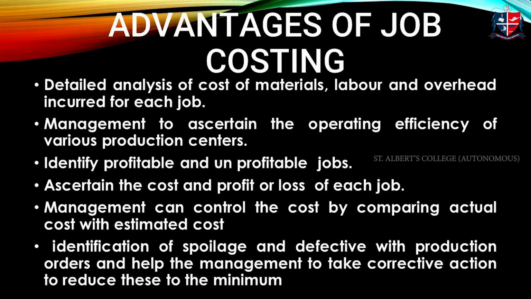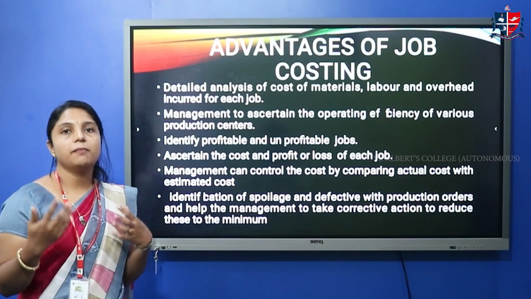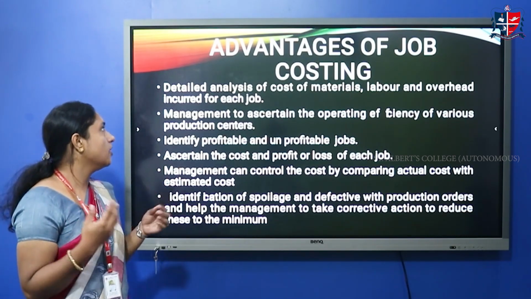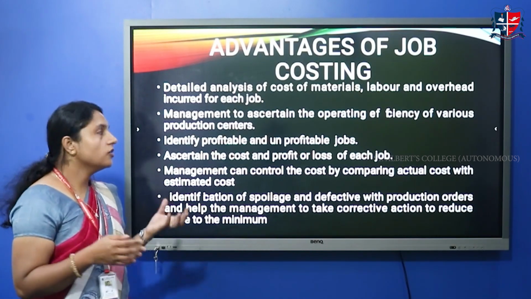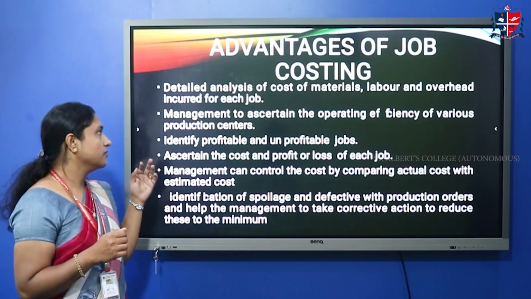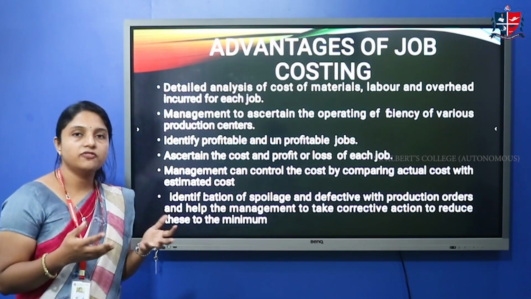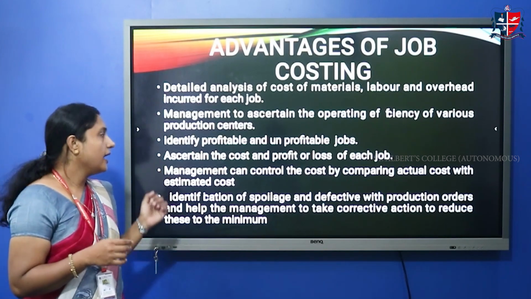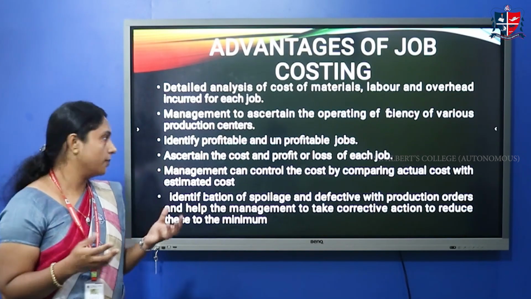Next one is the advantages of job costing. The job cost sheet helps managers know the cost of materials, labor, and overhead incurred for each job. It helps management ascertain the operating efficiency of the various production centers, identify which are the profitable and unprofitable jobs, and ascertain the cost and profit or loss of a job.